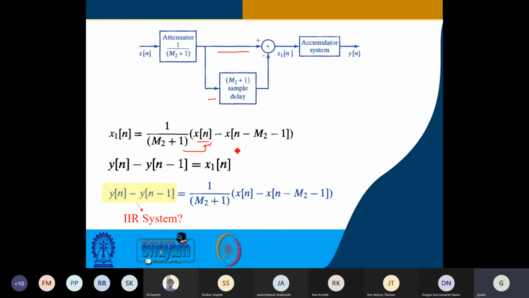I can write it as x[n-M2-1]. If M2 is 6, then 6 plus 1 is 7, so it is x[n-7]. You can substitute the number. So this is x[n] minus x[n-7]. This is your x[n].